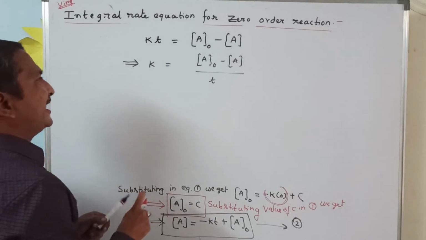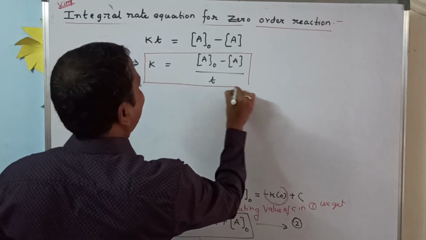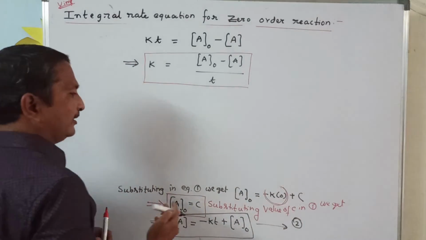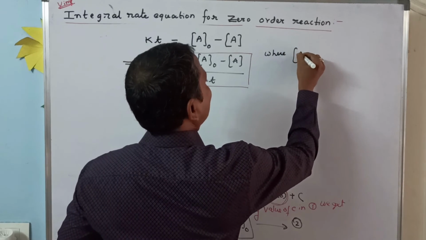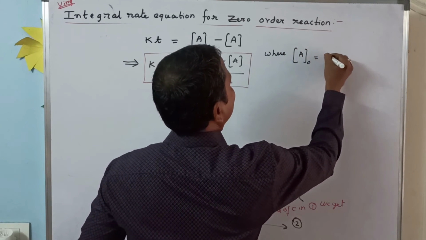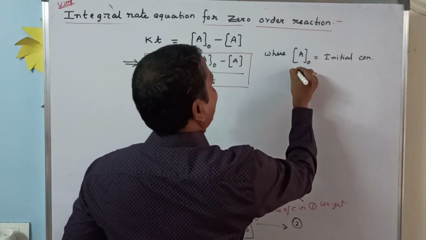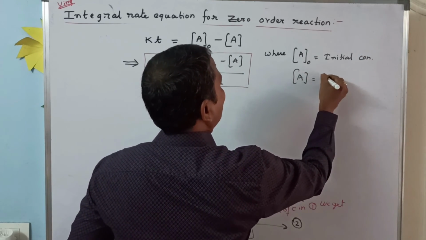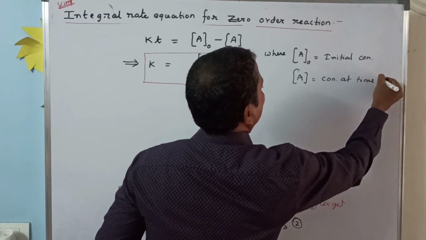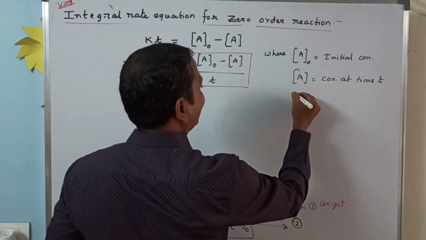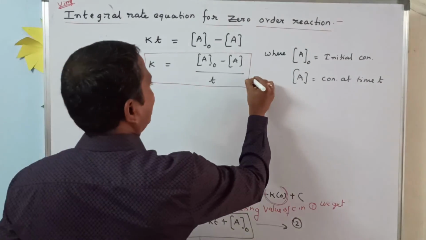What is k? k is equal to ([A]0 minus [A]) by t, where [A]0 is the initial concentration, [A] is the concentration at time t, and t is the time for progress of reaction. Clear all of you? Let it be 3.